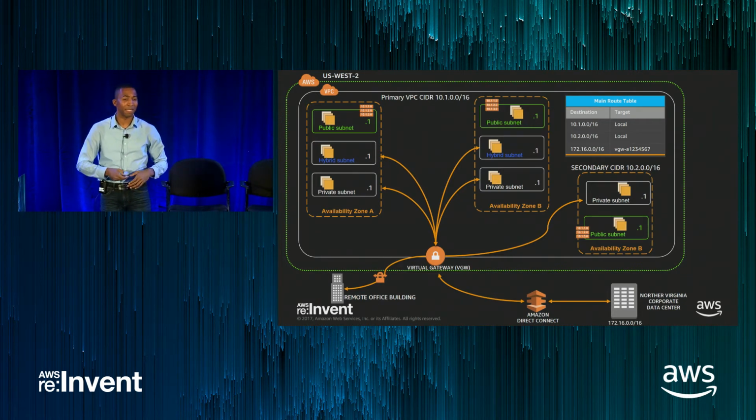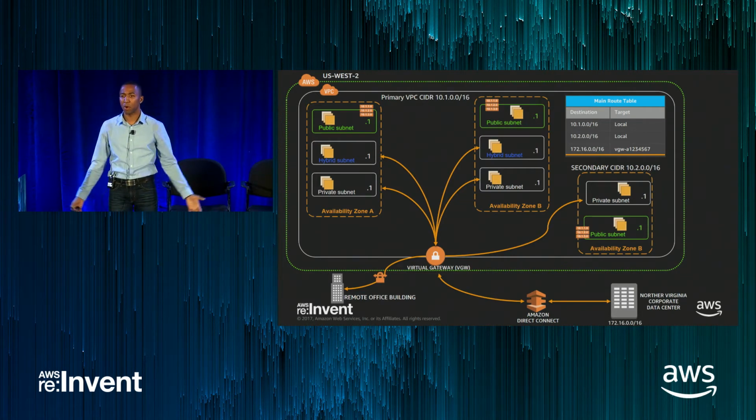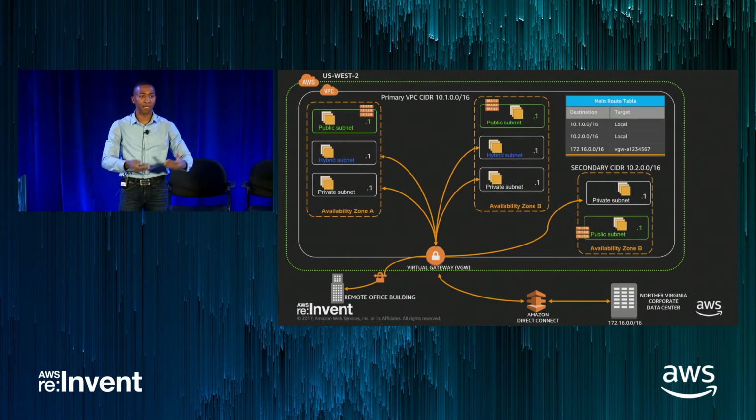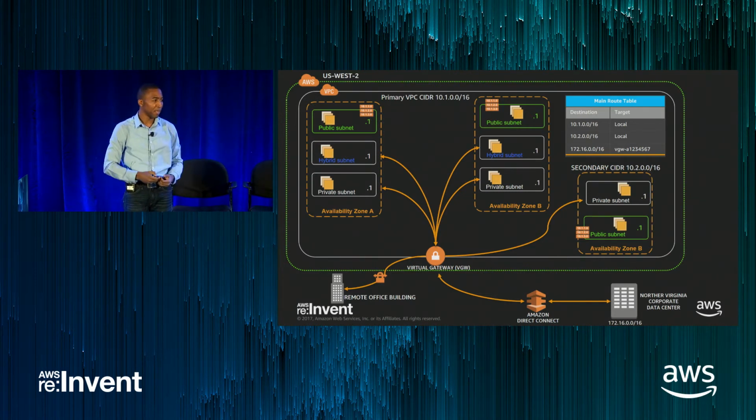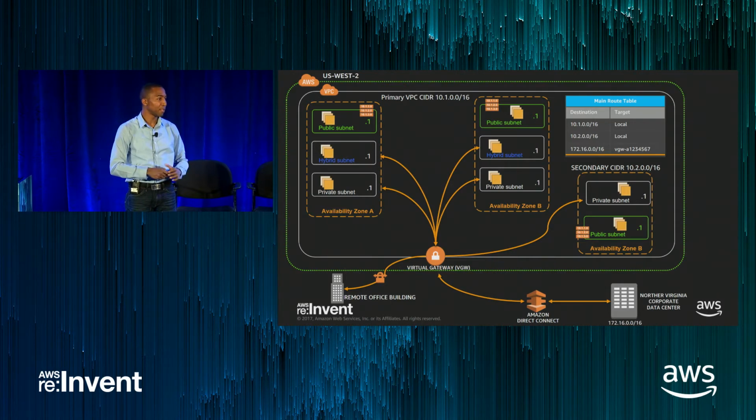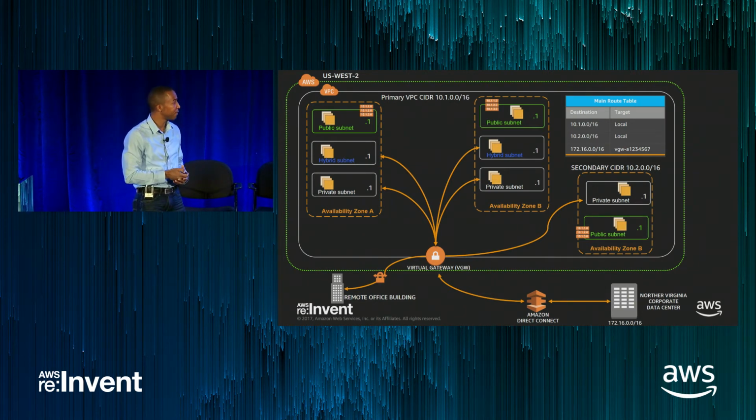And the virtual gateway is a VPN concentrator. That's where all your VPN connections come into, whether from your data center or remote offices. And it can actually be treated as a VPN hub, where you have multiple VPNs from across the world, all terminating here, and routes being issued from the route table that it is connected to.